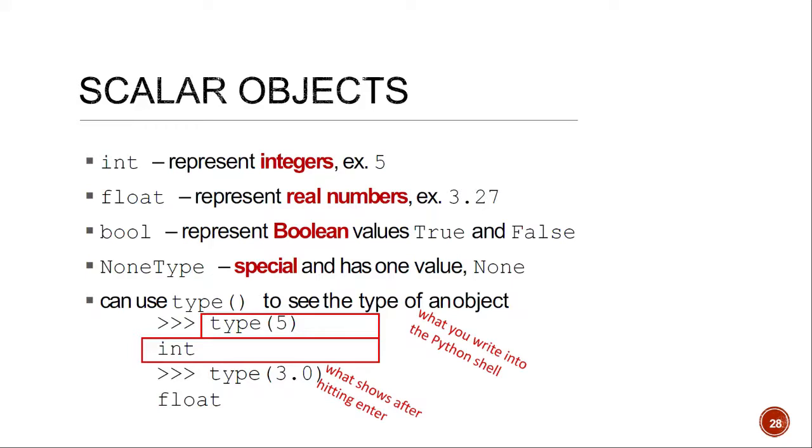For example, here we see that when we execute the command type of 5, the output is an integer. If we execute the command type of 3.0, we get a float. So these are some of the different scalar data objects available in Python.